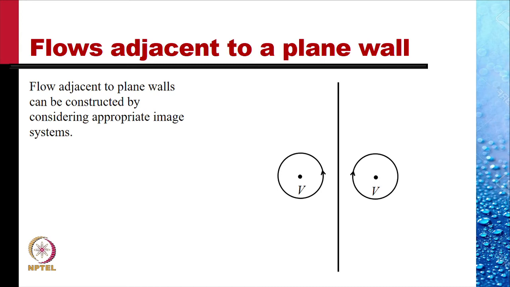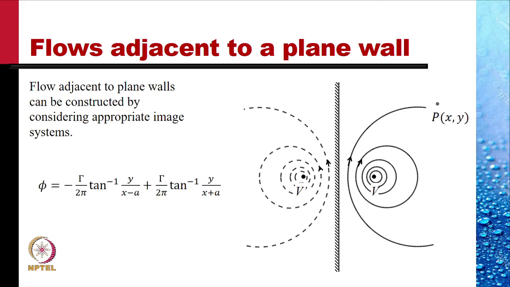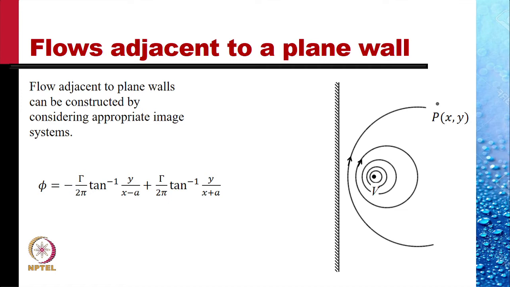The induced velocity because of this vortex is this, while the induced velocity because of this vortex is this. No normal component of velocity, so the wall is a streamline. And we could suppress one portion to obtain a flow like this.